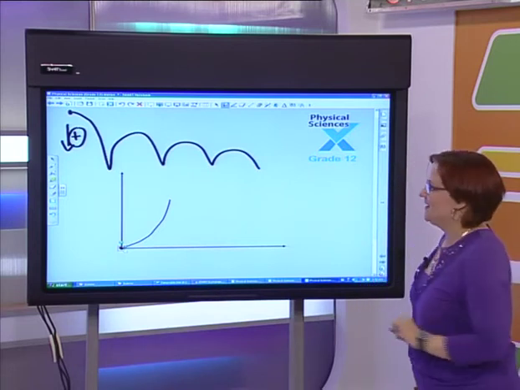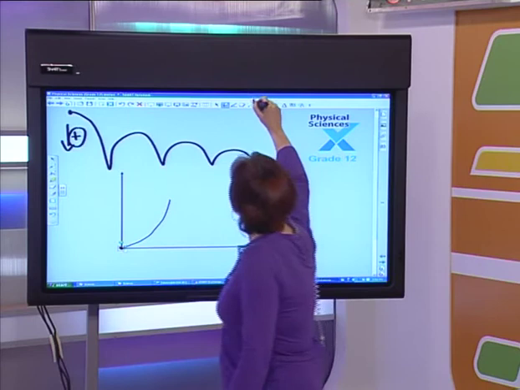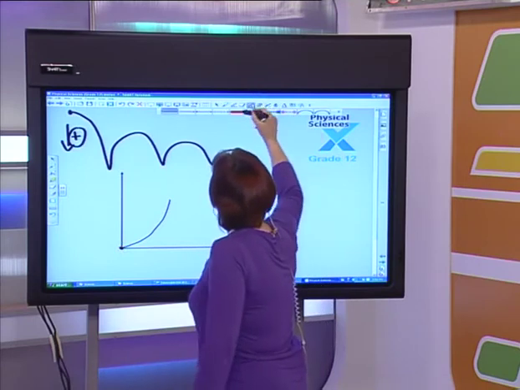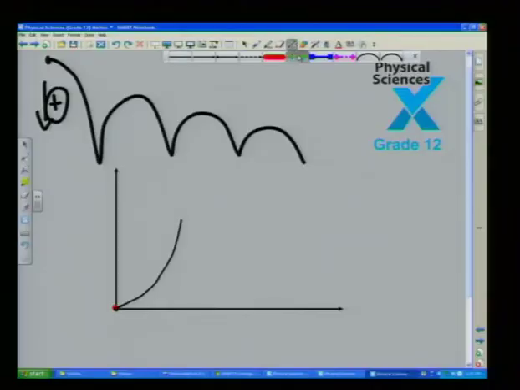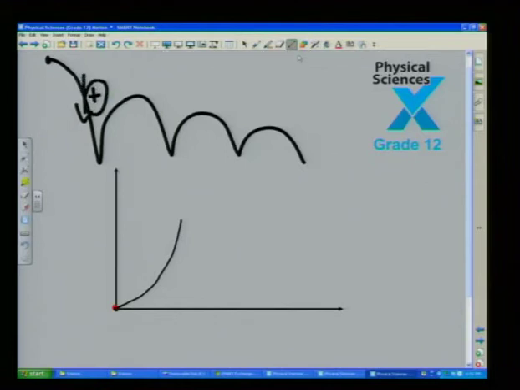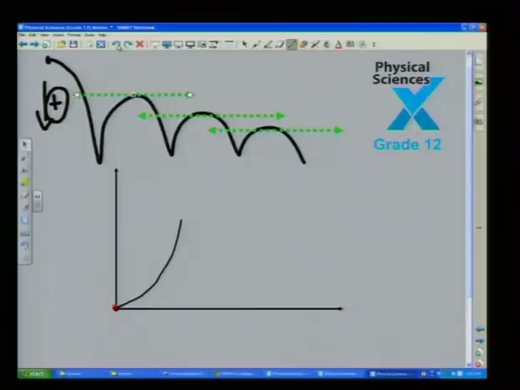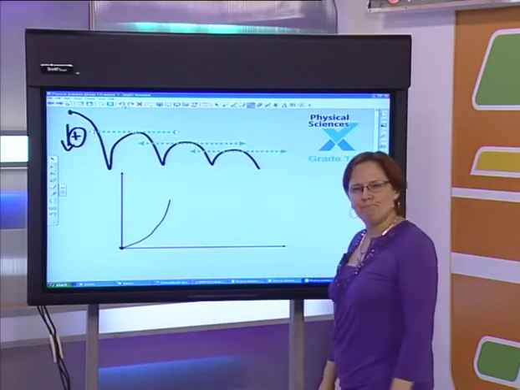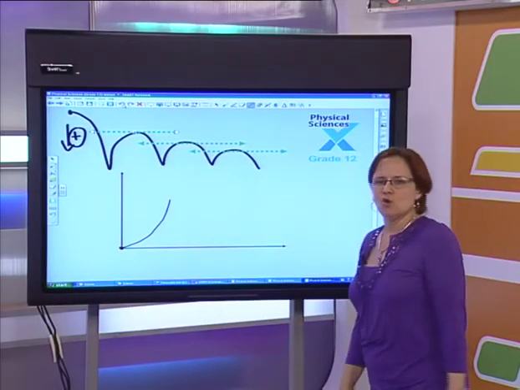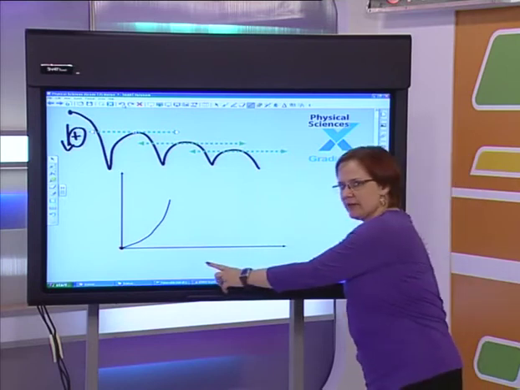Let's remember, and I actually just want to use this because I want a dotted line. There's where it stops. Do you see that every time it gets to the top of its motion, it's actually below where it started, which means it has displacement.